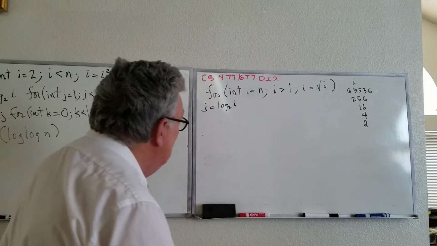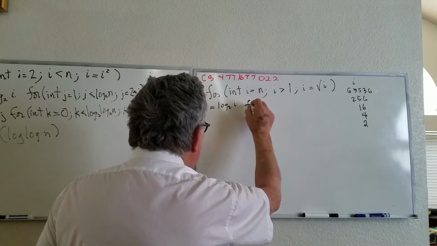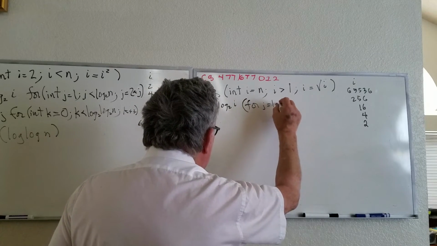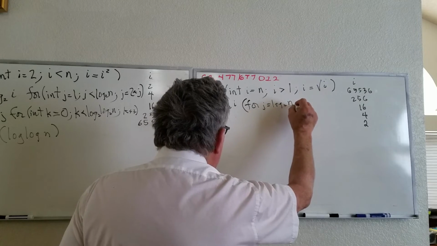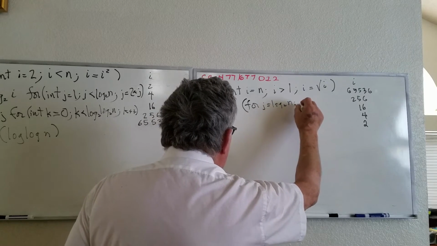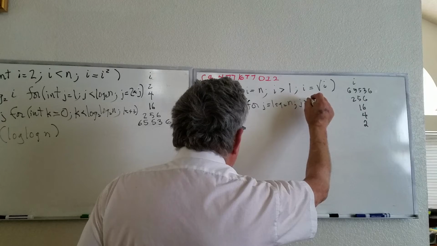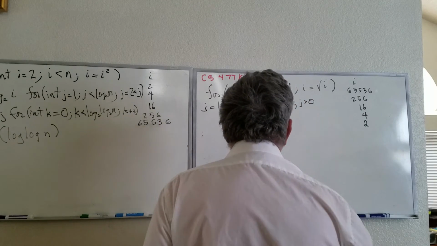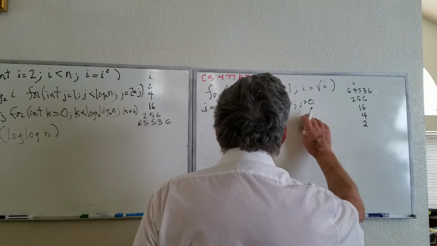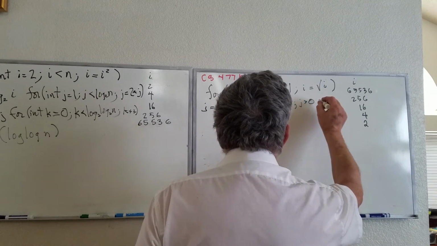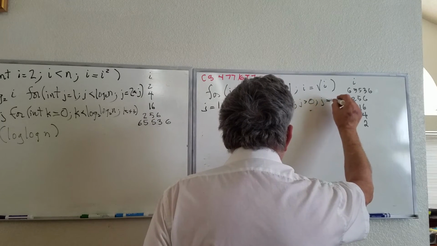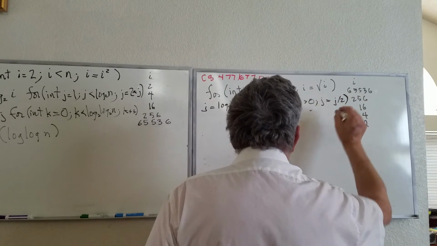And then our for loop becomes for j equals the base 2 logarithm of n, j greater than 0, and j equals j divided by 2.